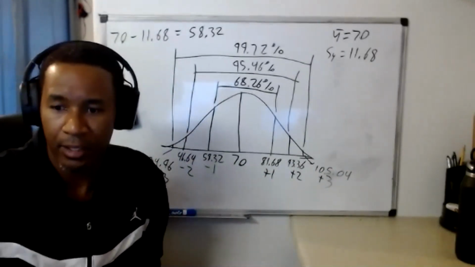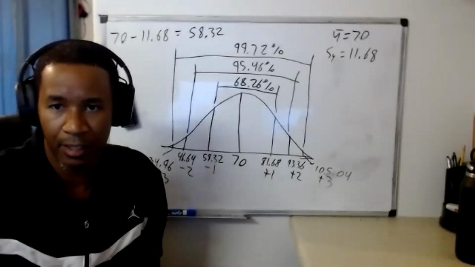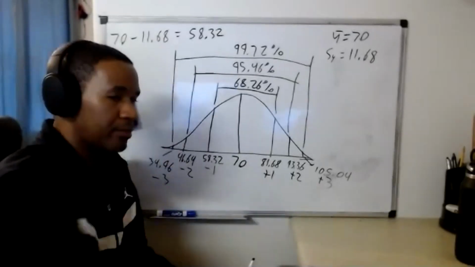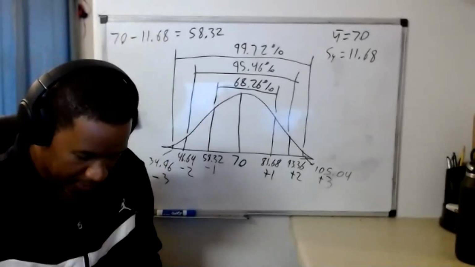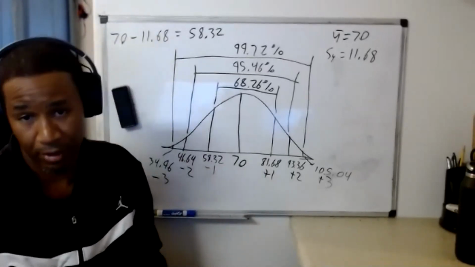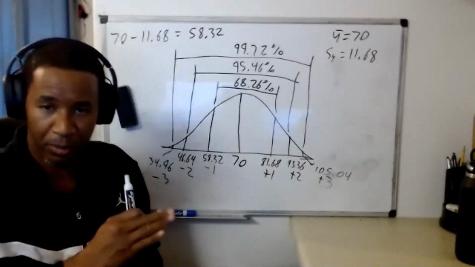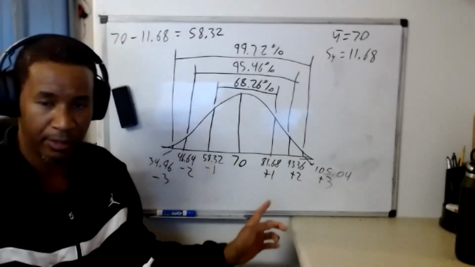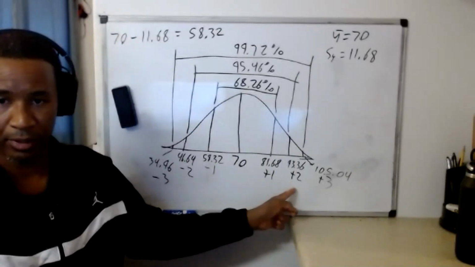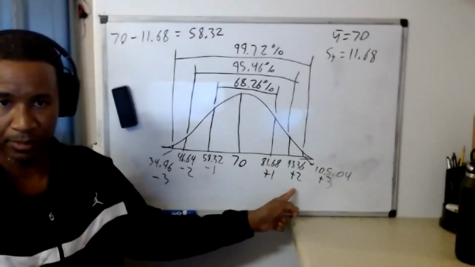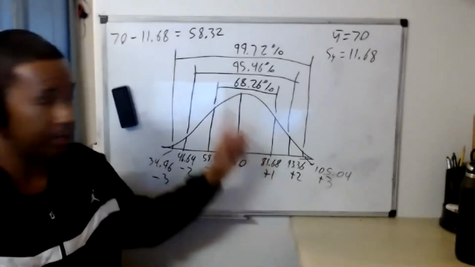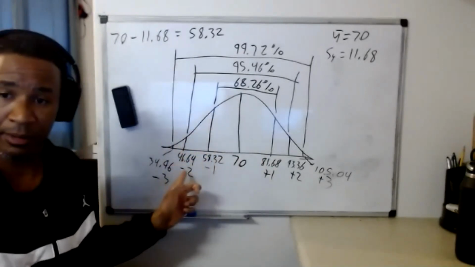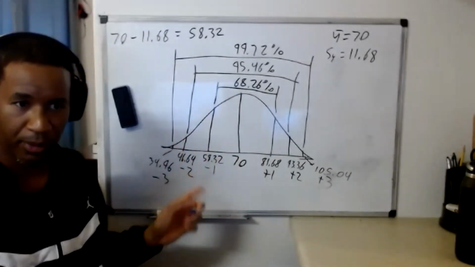How do I know that this is the case? Because if I take 11.68 and I multiply by 2, I get 23.36. 23.36 added to 70 gives me 93.36. 23.36 subtracted from 70 gives me 46.64.